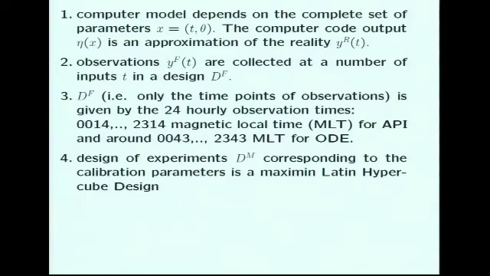The observations are collected at a number of inputs in the design. I'm repeating myself here. So here, precisely, the time points of observations were 14 minutes past midnight, etc., for Appia, and 43 minutes for Odessa. And they don't match what the model output times are.